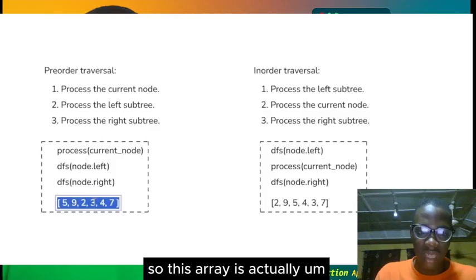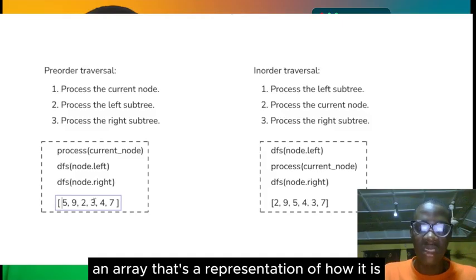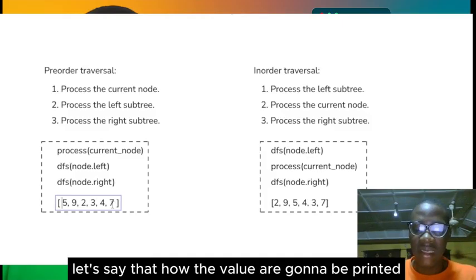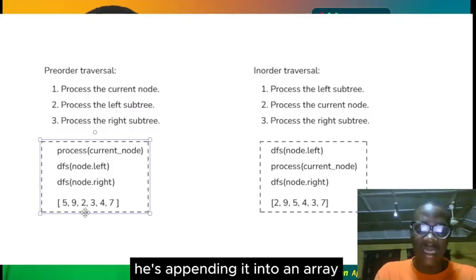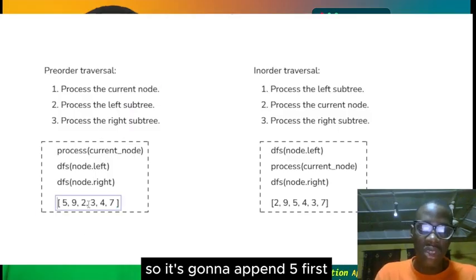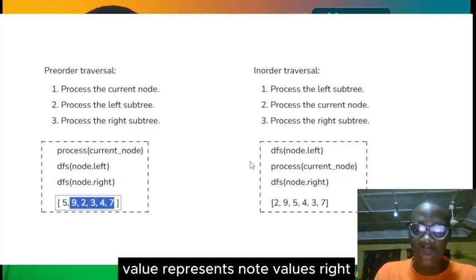This array is a representation of how the values are going to be processed. Suppose that in processing the current node, it appends it into an array. So it's going to append 5 first, and then 9 and then 2, where all of these values represent node values, right?